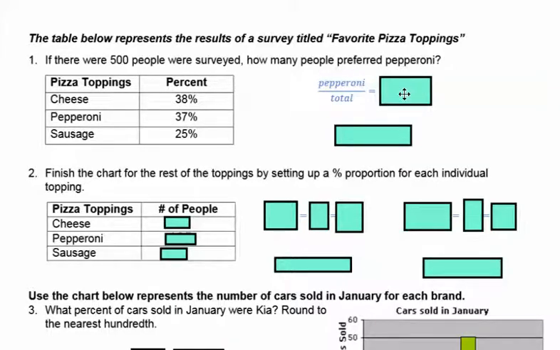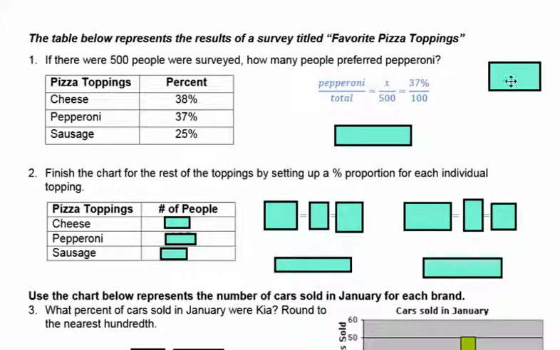For our actual proportion, so that's our word ratio. For our proportion, again, we're looking for how many people like pepperoni out of a total of 500 people. For our percent side, we know that 37% of people like pepperoni. So up top for pepperoni on the percent side, we have 37%, and again, it's out of 100%. So I made sure that my numbers match. I have my number side and my percent side.